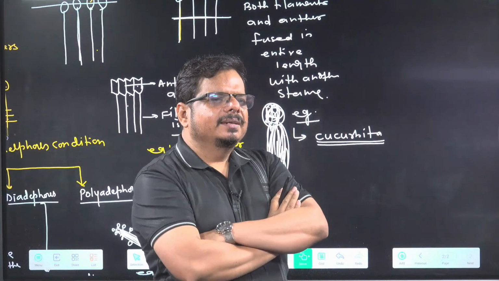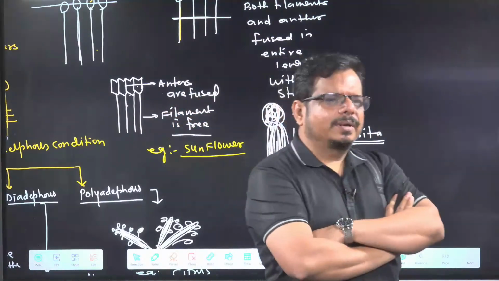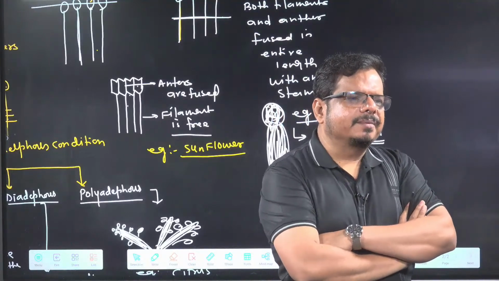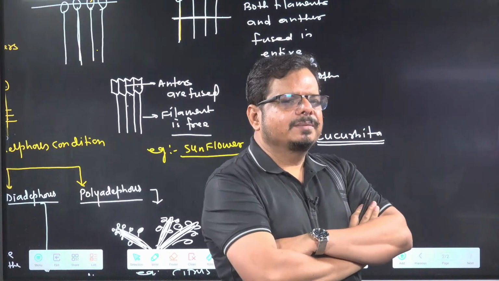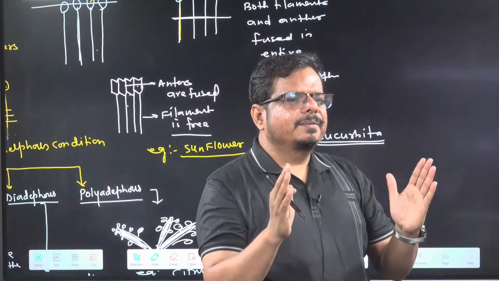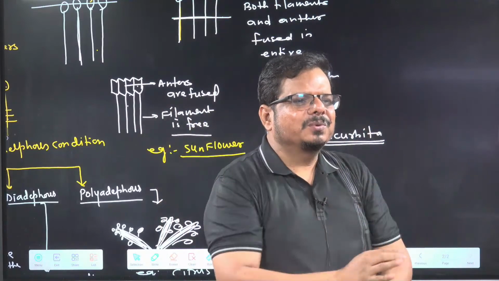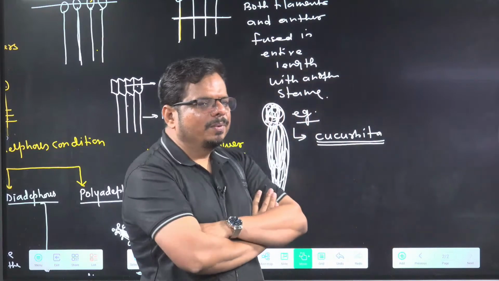In a stamen, how many components are there? Two components, anther and filament. One possibility we have seen: anther fused with anther. Another possibility: filaments fused with filament. Another possibility: entire stamen completely fused together, and we have given the name and example for it. So I hope it is over.